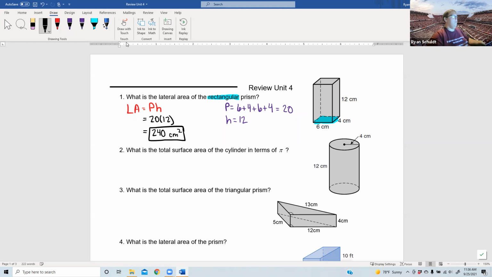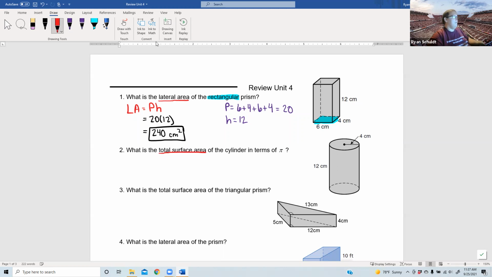Okay, number two, what's the total surface area? I guess I should underline each of these. This just says lateral area. This says total surface area of a cylinder in terms of pi.